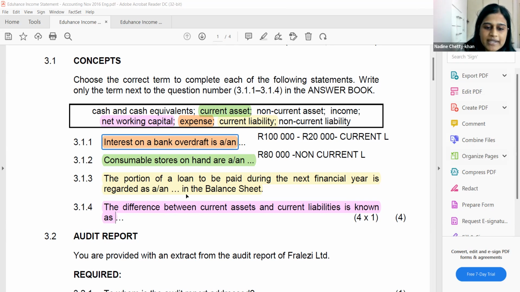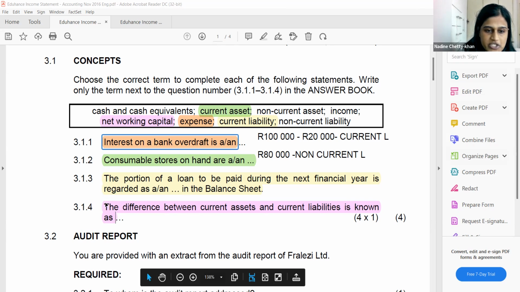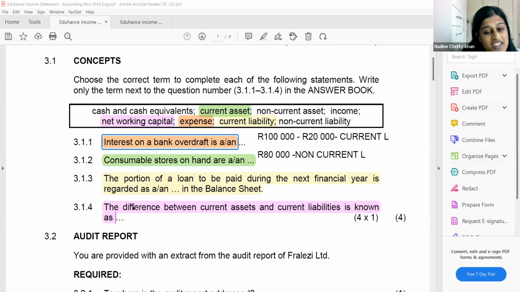Now, if we look at the available options that we can put here for this answer, you had cash and cash equivalents. Well, that's a type of current asset. It's not the difference between current assets and current liabilities. The other options we have is non-current asset, non-current liability. Well, just by the word non-current, you can eliminate it because we are dealing with current. And then income, well, that deals with the income statement.